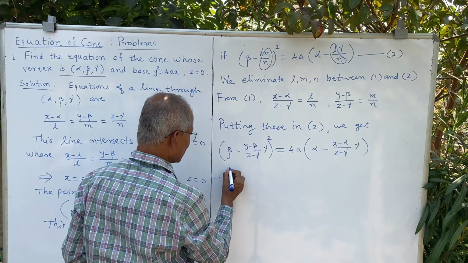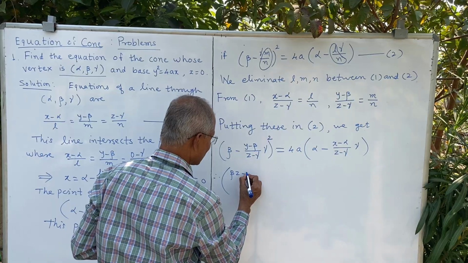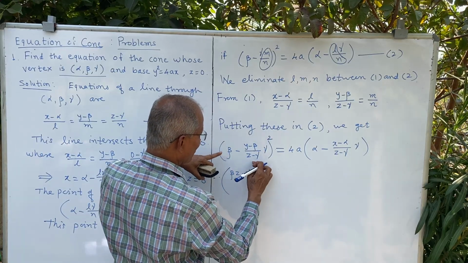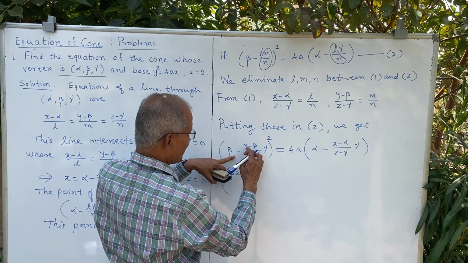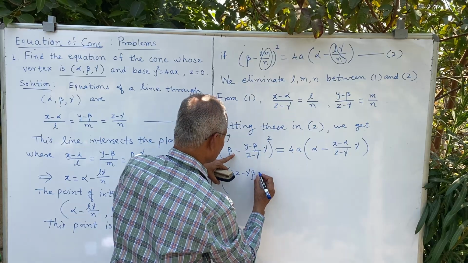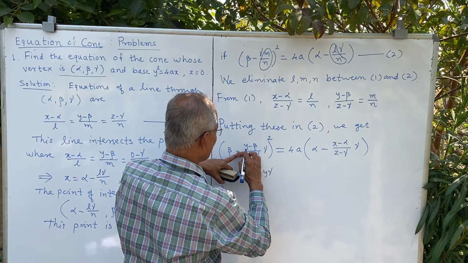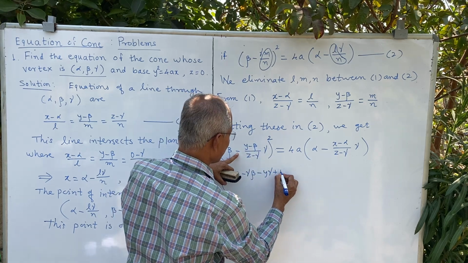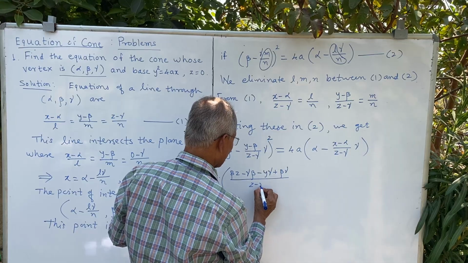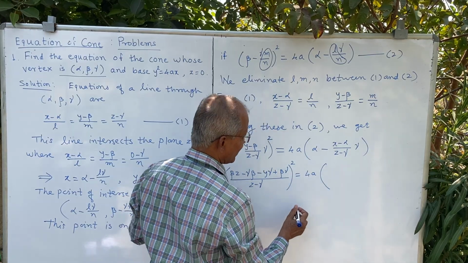That will be beta z minus gamma into beta, and now this is minus y, this ratio is multiplied by gamma, so both these terms will be multiplied by gamma, and this is y gamma minus y into gamma, and this minus of minus becomes plus beta gamma, divided by (z minus gamma) whole square, and the right side is 4a into bracket.